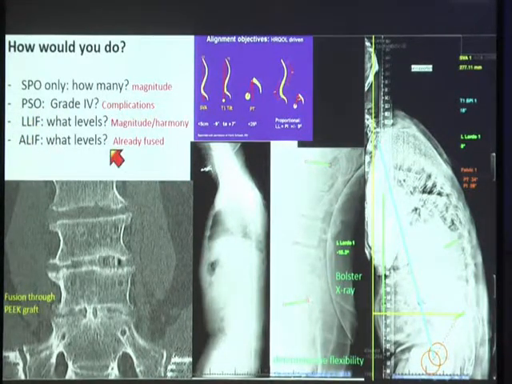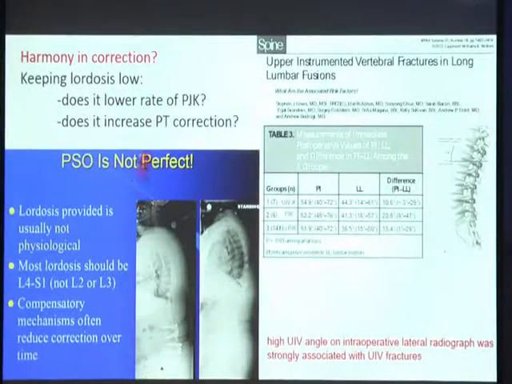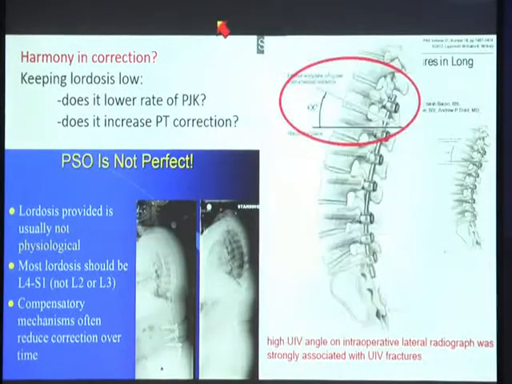Lateral interbodies in the upper lumbar spine, which are open, could potentially help you. However, there could be a question about the magnitude of correction needed and the harmony of the correction, and the lower levels are already fused. So the question of harmony in correction becomes important, keeping the lordosis low.